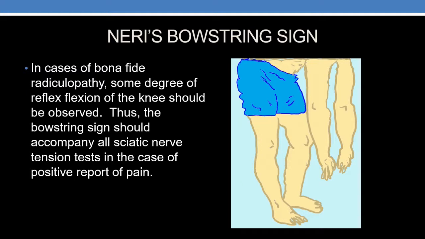Okay? So if you don't see a positive bowstring sign with lumbar spine range of motion standing, but the examinee does report pain with straight leg raising test, those findings would be inconsistent and may raise your suspicion for symptom magnification.